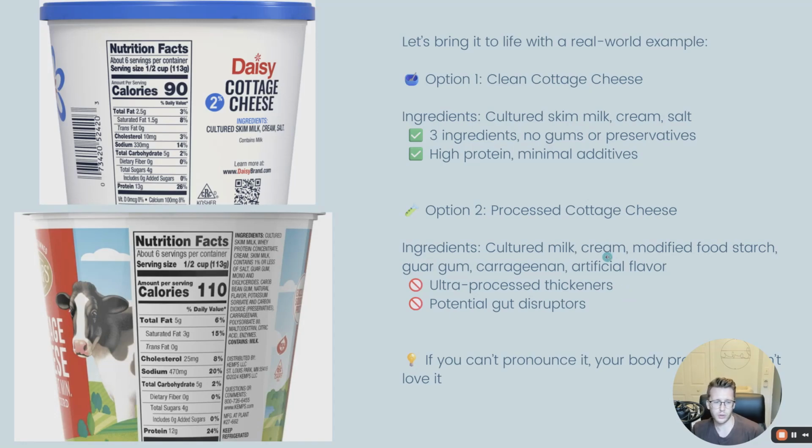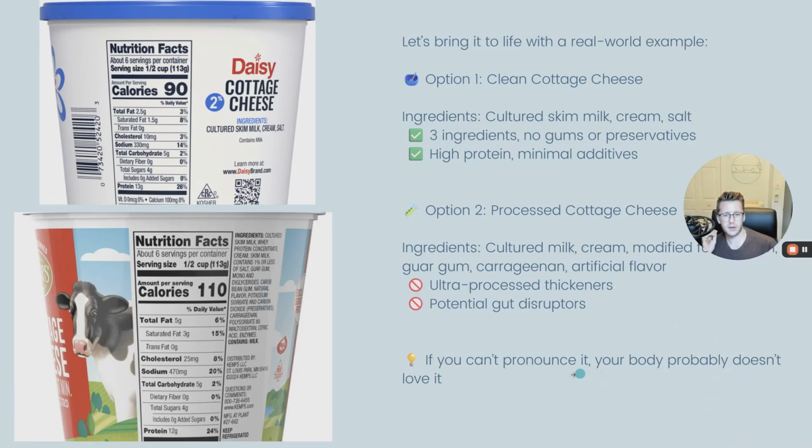So these are ultra processed thickeners that thicken it, right? And then there's also preservatives, and obviously the stuff is going to be disruptive to your gut health and your life, right? So if you can't pronounce it, your body probably doesn't like it. But these are basically the same exact thing in terms of nutrition and protein, right? But look at the difference in ingredients.